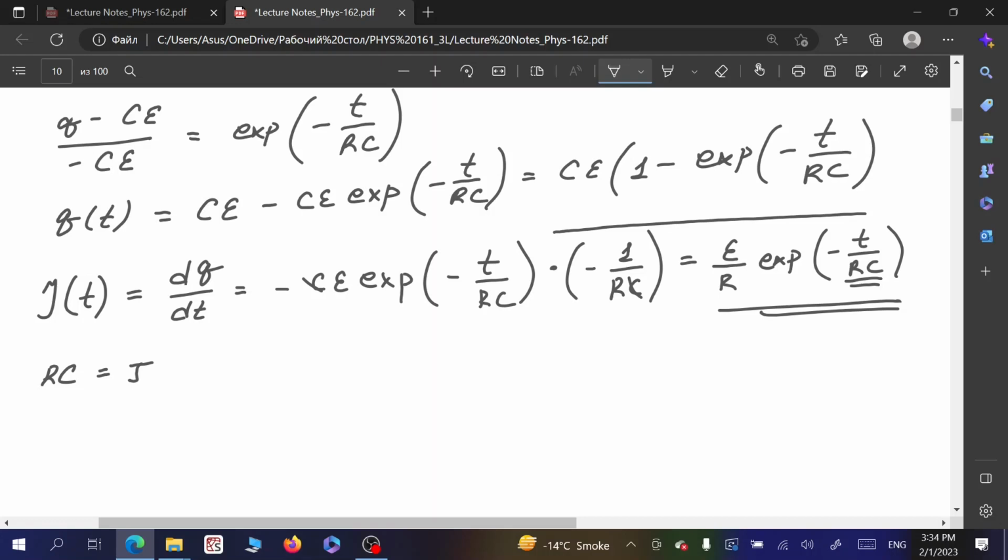It provides us some information how fast we can charge or discharge. Later we will also discuss discharging of a capacitor as a function of time when resistance and capacitance are given.